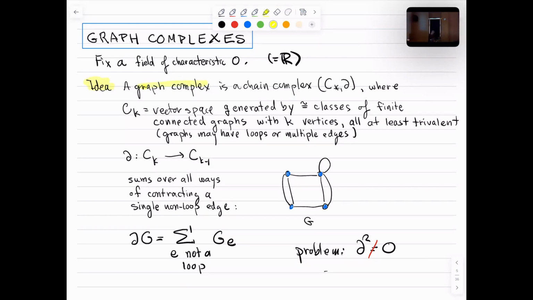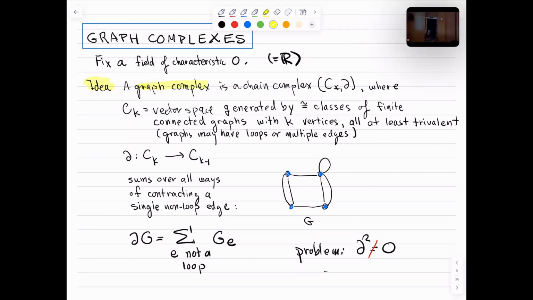Well, a graph complex is a chain complex, so a bunch of vector spaces with their differential D, or boundary, where the kth vector space in the chain complex is generated by isomorphism classes of finite connected graphs with k vertices, and all of the vertices have to be at least trivalent.